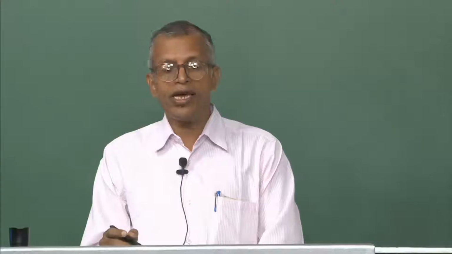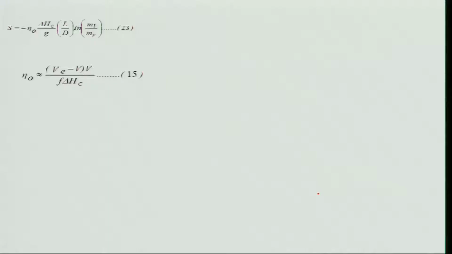So, if you will see, it will go on increasing, because overall efficiency is equal to V E minus V into V, right, and of course, you can say a particular exit velocity. And delta S is remaining constant for a particular kind of fuel, and F you can assume to be constant.